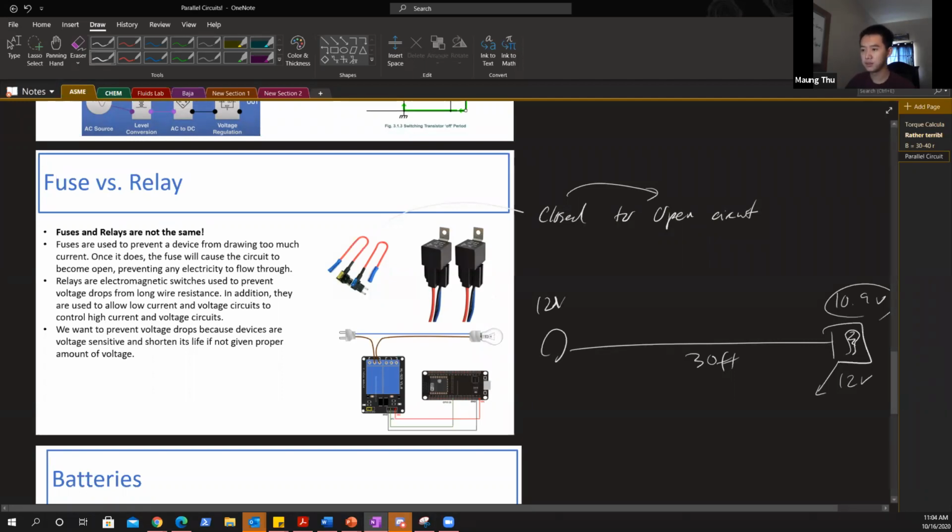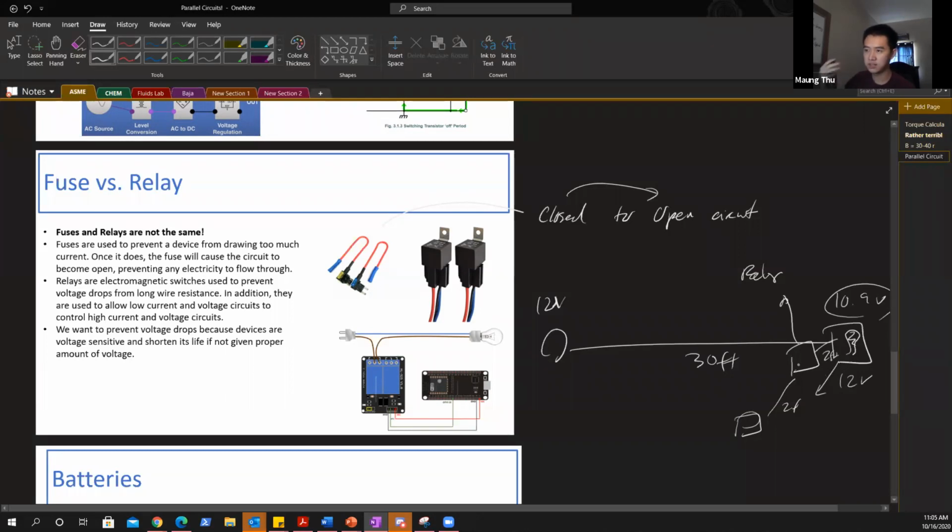Anyway, that's what relays are mainly for: to prevent this by having a little switch here and then a relay there, so the distance of your circuit is much shorter because of the relay, and you don't have to worry about this voltage drop anymore.